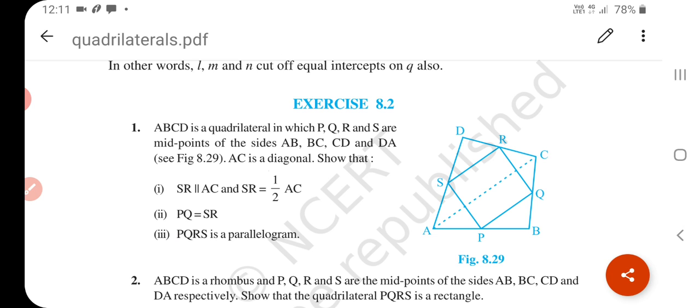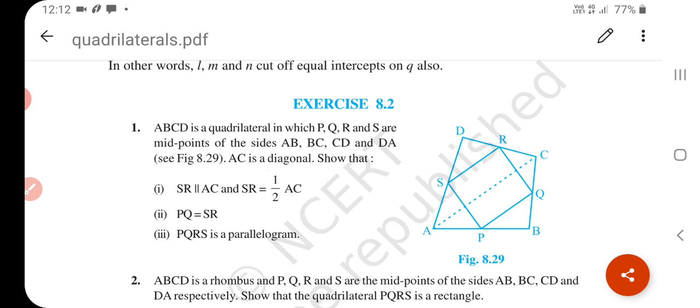Now we have to prove these two things: SR is parallel to AC and SR is equal to 1 by 2 AC. Okay, we know the midpoint theorem, so you can easily prove it. Now let's take triangle ADC. Now you have a triangle ADC. AC is a diagonal, and we know that if we draw a diagonal, then the diagonal divides a quadrilateral or parallelogram into two congruent triangles.